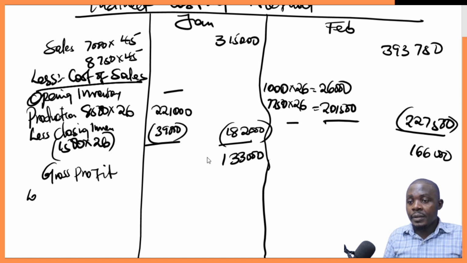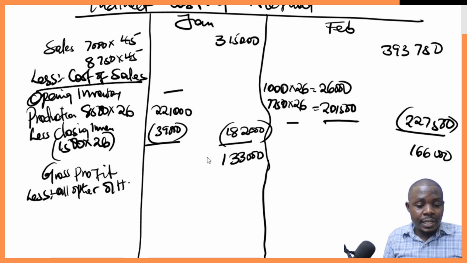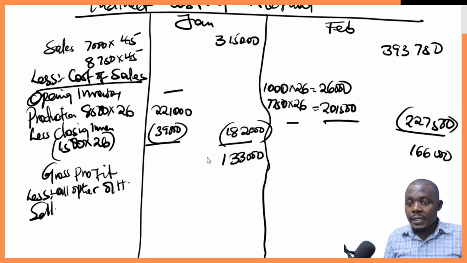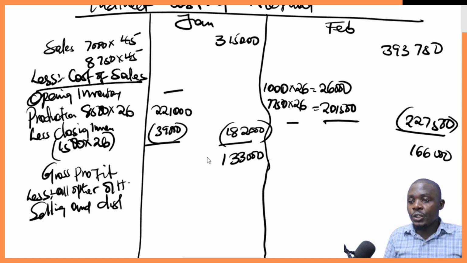Then we can less all other overheads. We had selling and distribution.